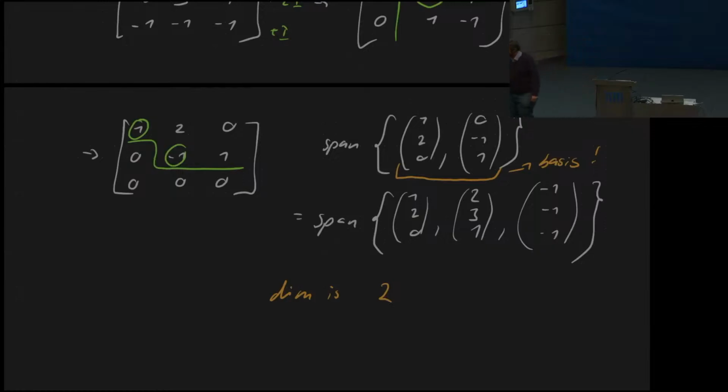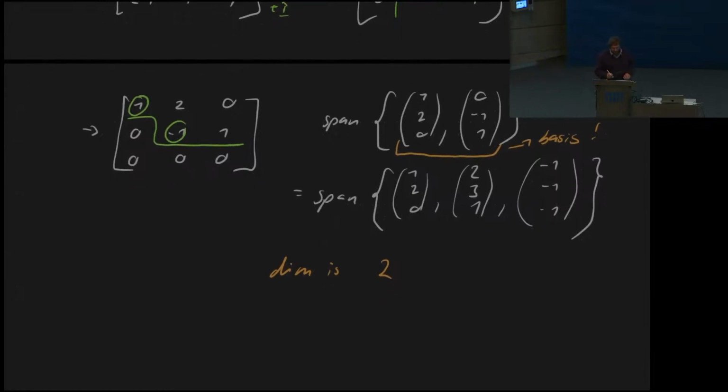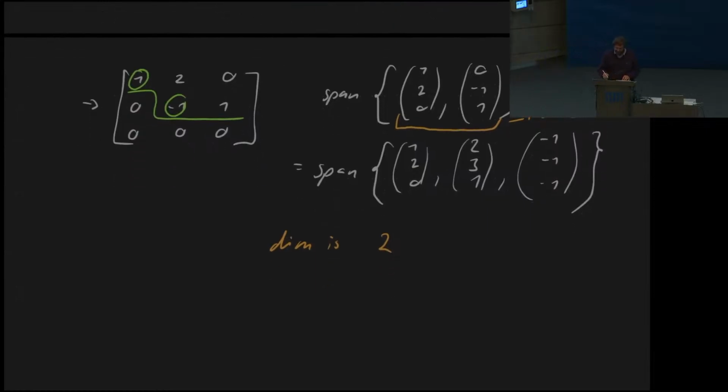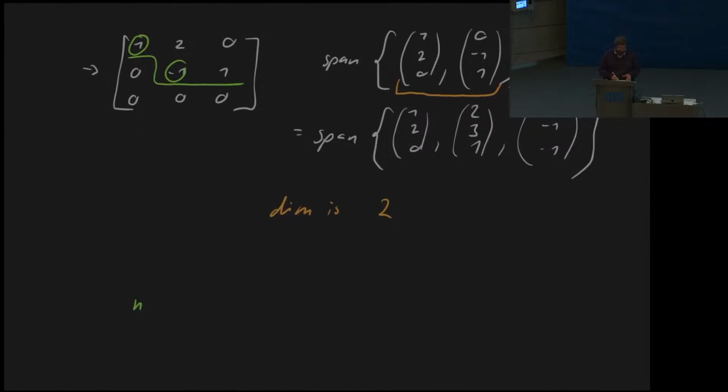Question? So the question is, sometimes we use that formula for calculating the dimension where we say, let's do n, so in this case 3, minus the rank of our matrix, so the number of pivots.